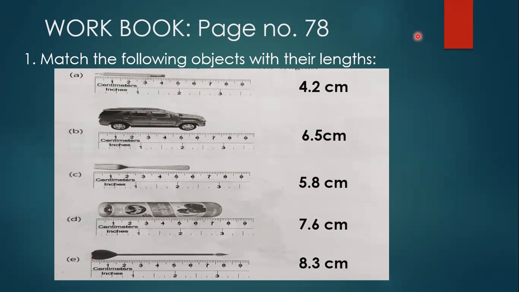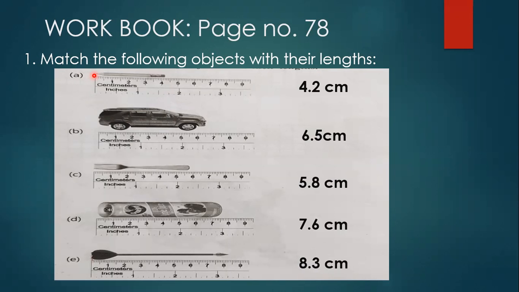Here in the figure you can see this is the zero marking, and one end of the object is coinciding with the zero marking. And the marking on the other end on the scale shows the length of the object.